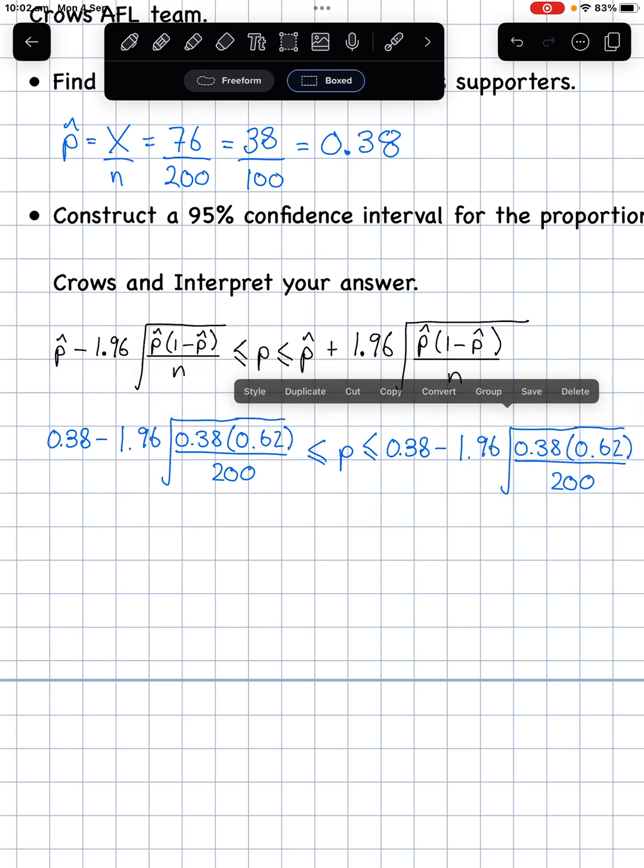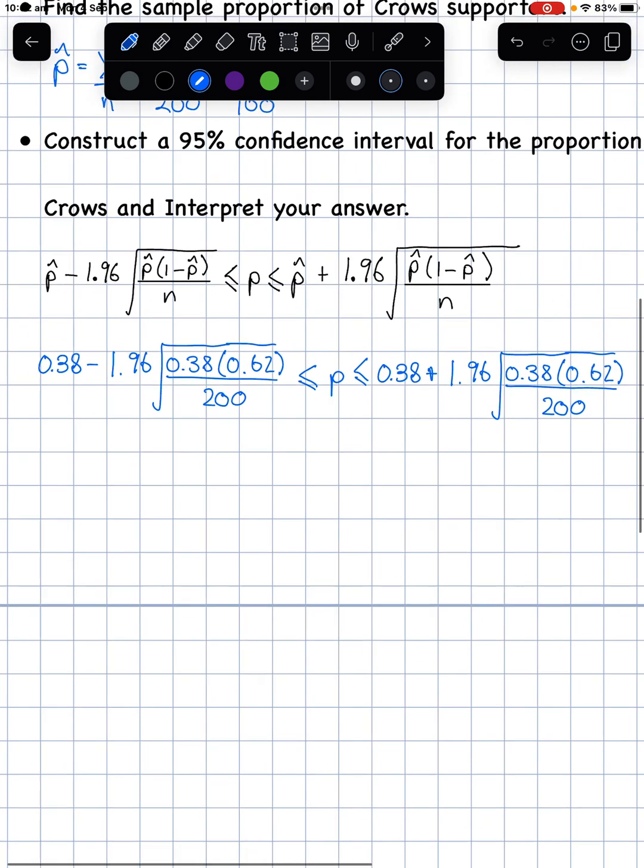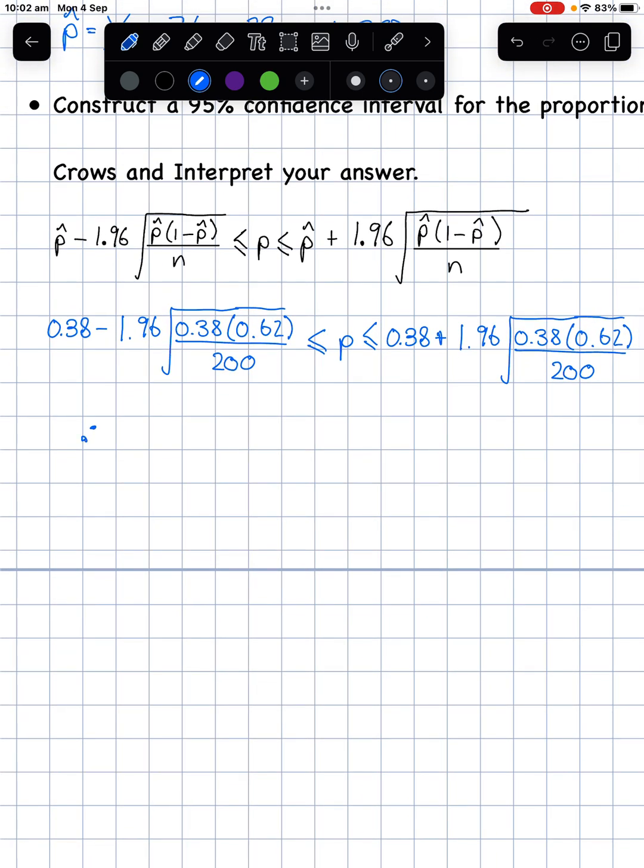I've just got to make that a plus. Then I put that all in my calculator, and I get 0.313 less than or equal to P, which is less than or equal to 0.447.